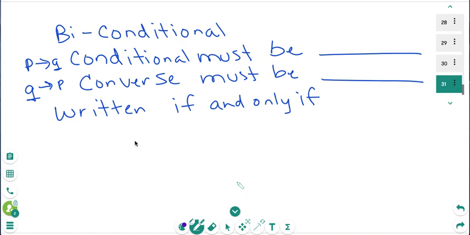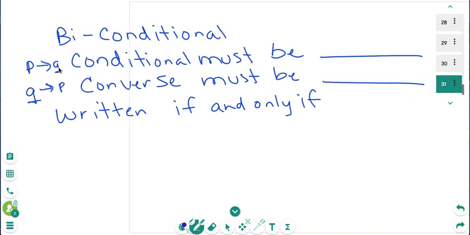First, the conditional statement, if P, then Q, must be true. And the converse, if Q, then P, must be true. If both of those are true, then the biconditional statement is true.